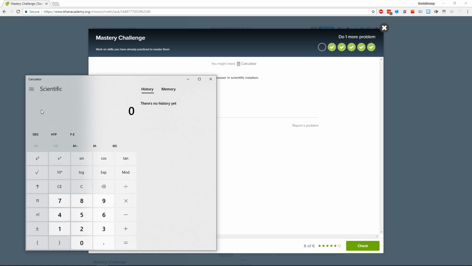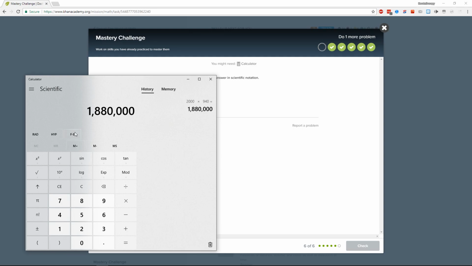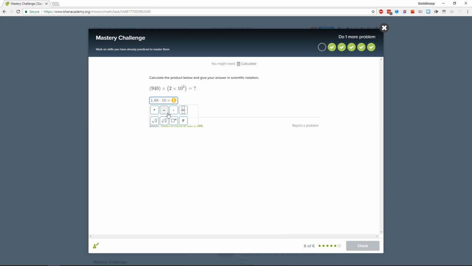Scientific. I have to tell it in scientific notation somehow. Yeah, you can press this button FE. So it's 1.8 times 10 to the 6. We know that because it's 1, 2, 3, 4, 5, 6. 10 to the power of 6.